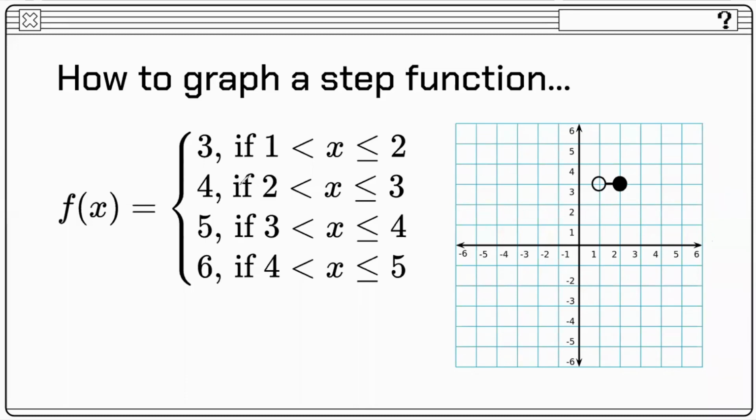So next we have f of x equals 4 if 2 is less than x is less than or equal to 3. So we know we want a horizontal line at y equals 4, so right here. But our domain is 2 is less than x is less than or equal to 3. So you know you want to graph an open circle at positive 2, since this is a less than symbol.